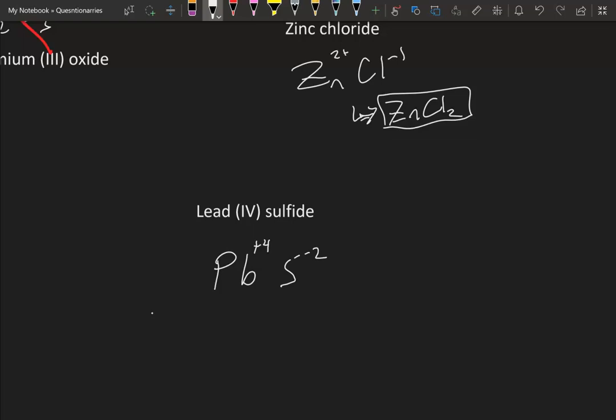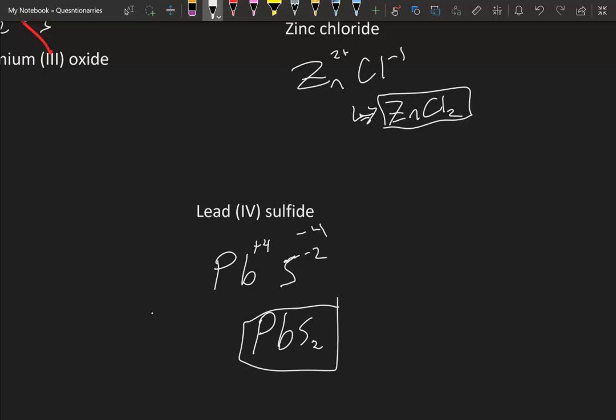We know that the charge of the lead is +4, so that means the charge of the sulfur has to be -4 to cancel out that +4. But the sulfur has a -2, so what we have to do is simple division here. 4 divided by 2 gives me a subscript of 2 for the sulfur.